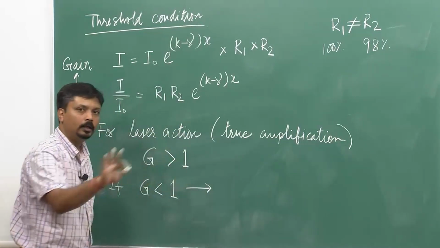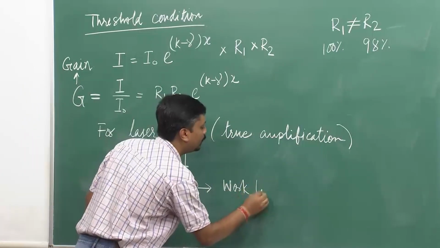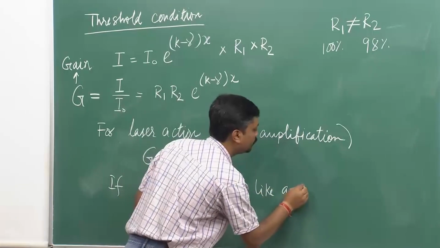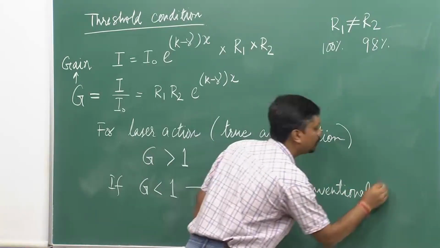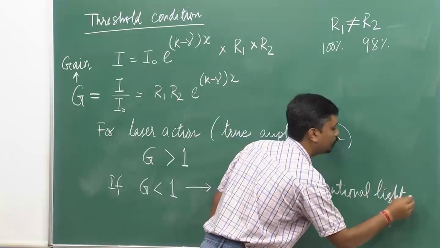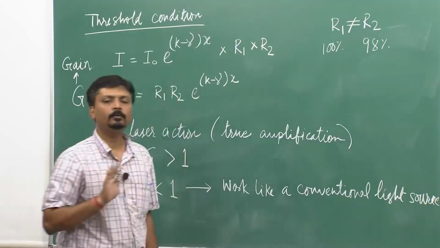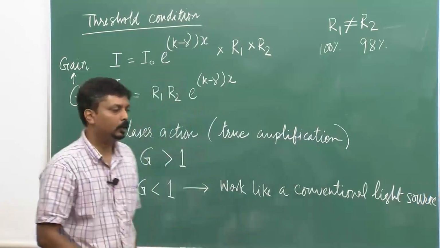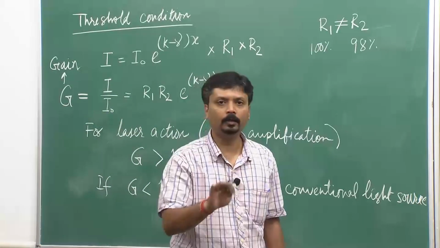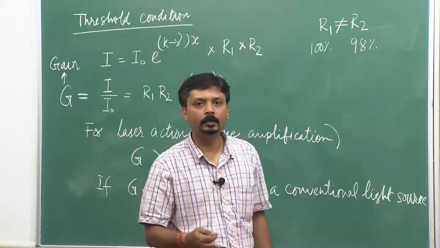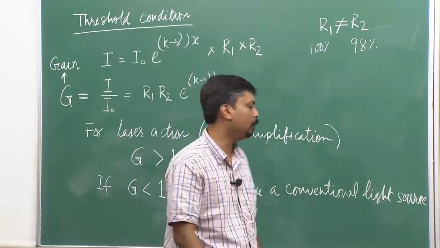So, the device will work just like a conventional light source. We do not have any problem in understanding this one. So, if there is no amplification, basically it will be spontaneous emission which is dominant, and it will be just like a chaotic system. Okay. What is chaotic system? We will talk in a while.